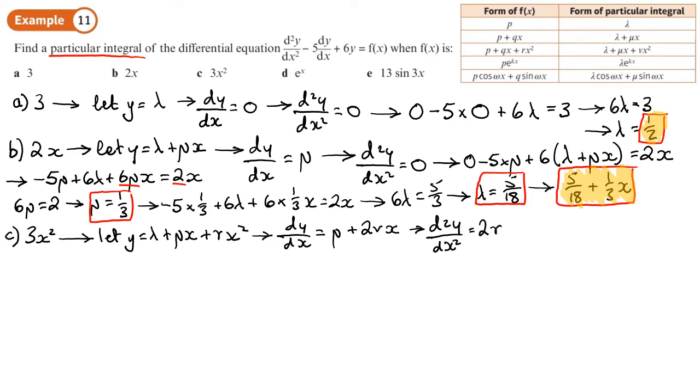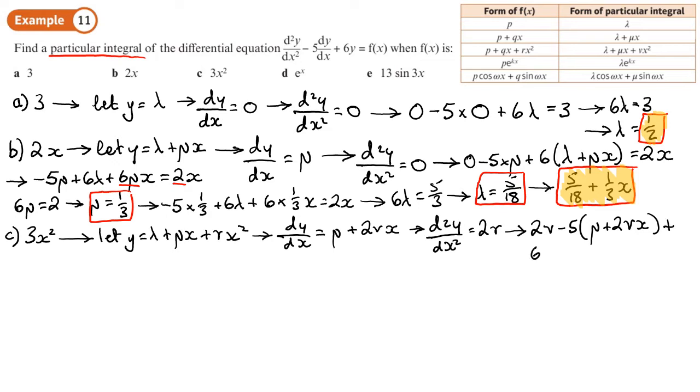It's made up more like a Greek letter like that. That gets substituted into the differential equation. So we will try and squeeze it in here. That will be the second derivative, which is 2 nu, minus 5 times the first derivative, which is mu plus 2 nu x, plus 6 times y.